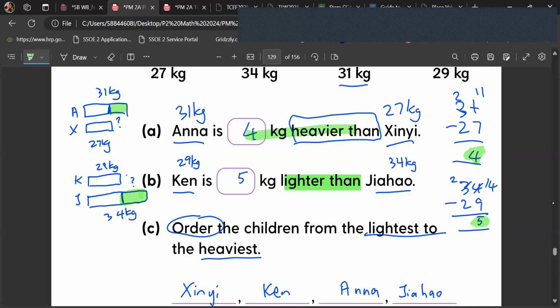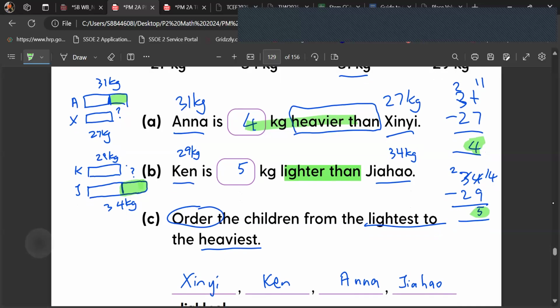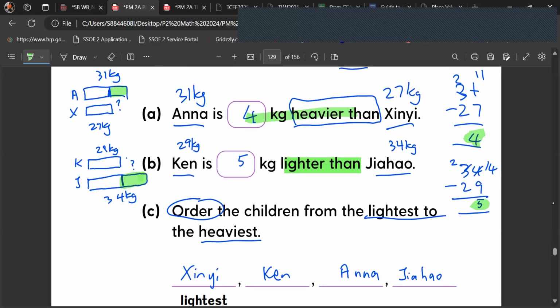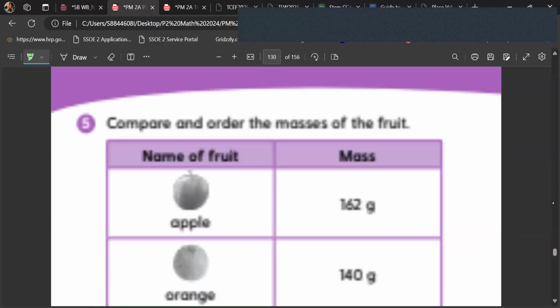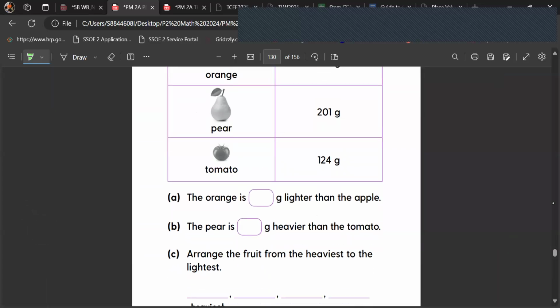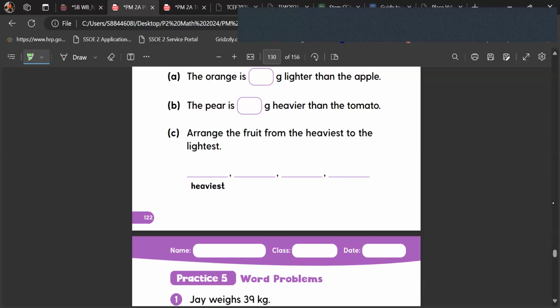Again, I'm saying this, I'm recording this lesson. So if you feel troubled, or find yourself not being able to follow, you can go home and rewatch the lesson. Okay. Now I'm going to skip to the back. I'd like you to try this on your own, page 122 as homework.